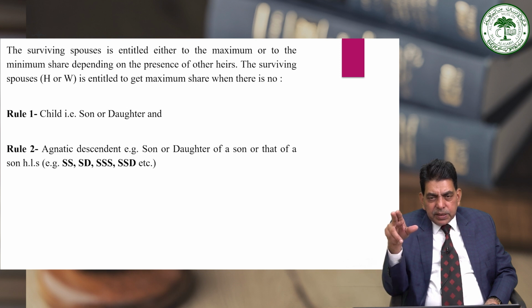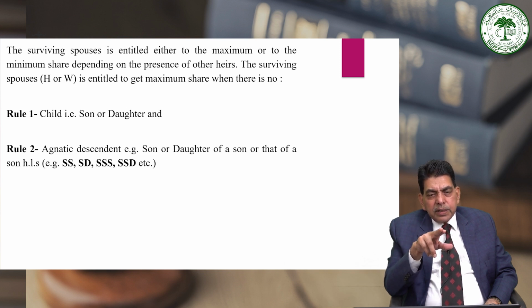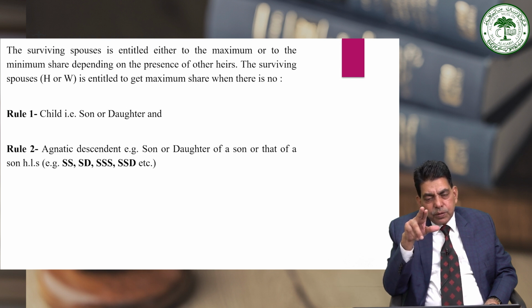Meaning thereby that a surviving spouse, husband or widow as the case may be, will be allotted the maximum share, that is 1/2 if it is husband, if it is widow 1/4, when the deceased has left behind no child, no son or daughter or both, and he has left behind no agnatic descendant male or female, that is a son's son or son's daughter, howsoever lower may be.